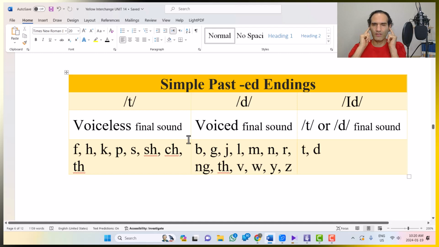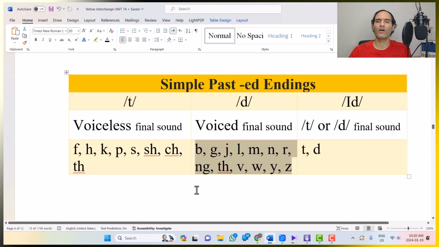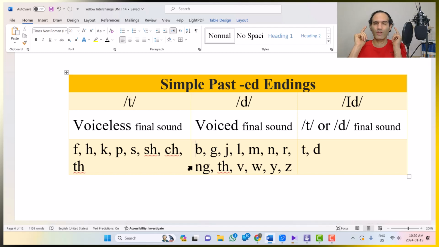Apart from that, if the last sound of the verb you hear has vibration, put your fingers in your ears. If the last sound of the verb is any of these, they have vibration and they are called voiced. So the d sound at the end, that ed is pronounced d. So put your fingers into your ears and say b. B. It has vibration. G. J. Like judge.